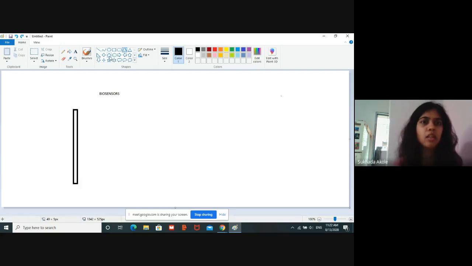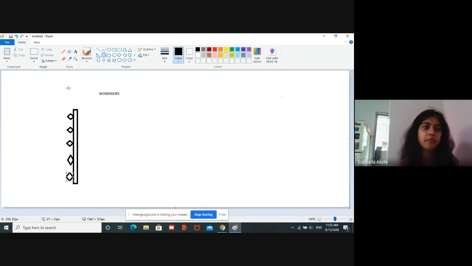Then I will have an immobilized enzyme or organelle or any particular enzyme system onto this substrate, so that when I add my substrate, these enzymes react and give me a product.